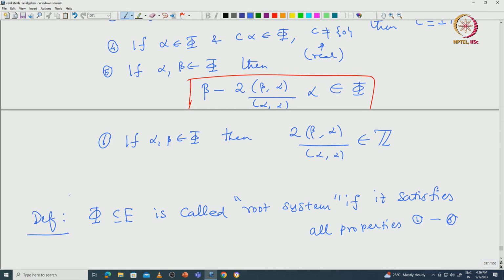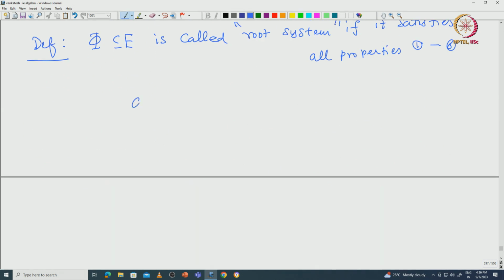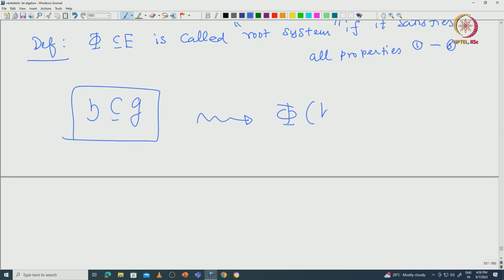So, indeed what we have done now is we started with this semi-simple Lie algebra and fixed this maximal toral subalgebra. Then with respect to this pair, we associated what is called the set of roots, which of course depends upon the choice of maximal toral subalgebra for the time being.